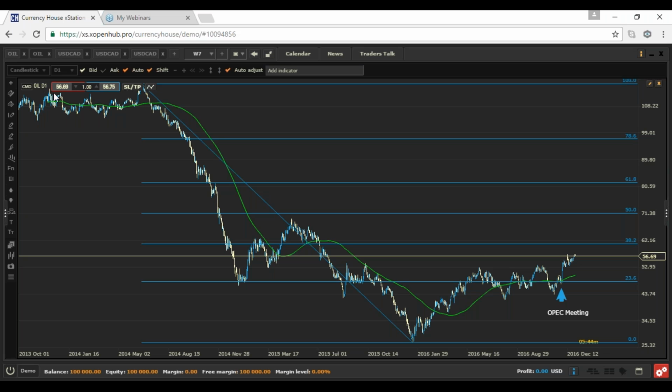The analytics say the price of oil surged 14% in one day just after the OPEC meeting, but still, take a look at this picture, at the long-term picture. This uptrend is rather weak, let's be honest.